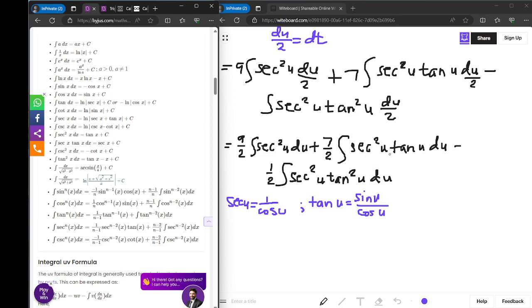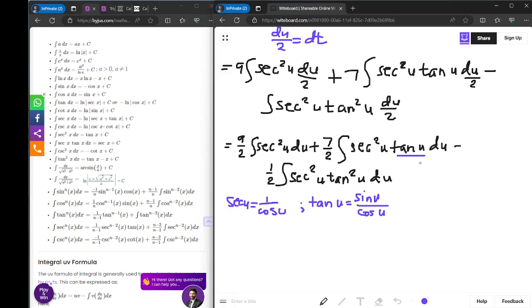If we let this tangent equal u, the variable, then the derivative of tangent is secant squared. So we can solve this second term. However, for the third term, secant squared and tangent squared, what shall we do with them?